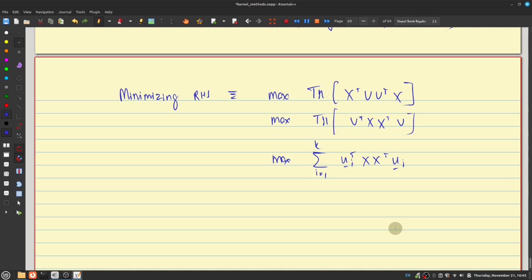All right. And why is this maximized when you take the ui's to be the eigenvectors corresponding to the K largest eigenvalues?